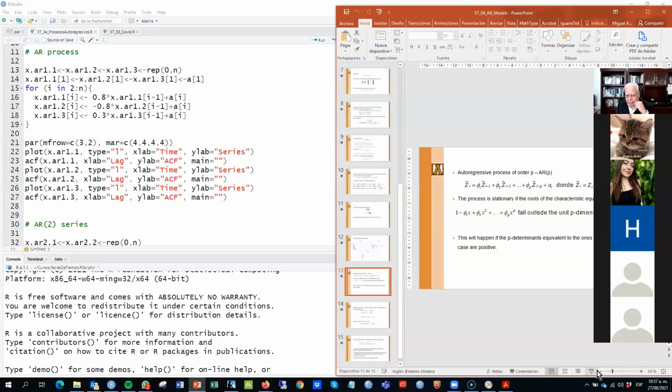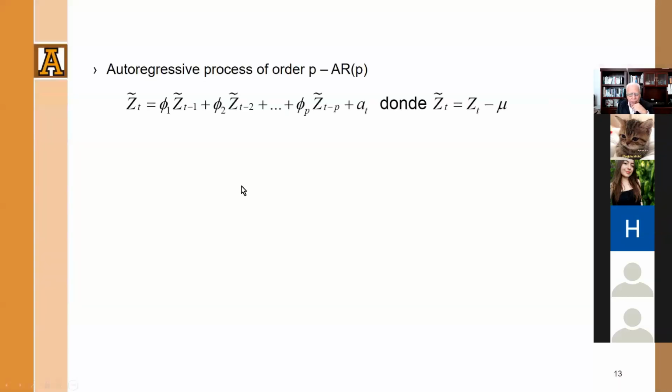So let's look at the generalization to an AR(p) process. The AR(p) process looks exactly the same, but we have dependence of Z_t on Z_{t-1}, Z_{t-2}, up to Z_{t-p}, where Z̃_t is Z_t minus mu.